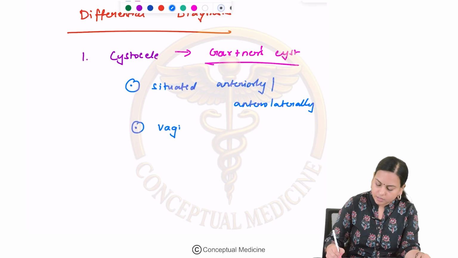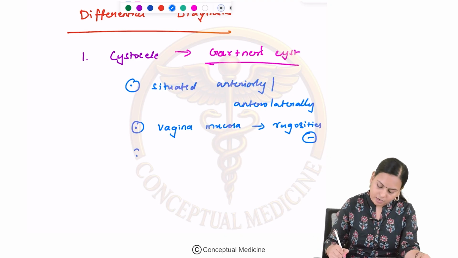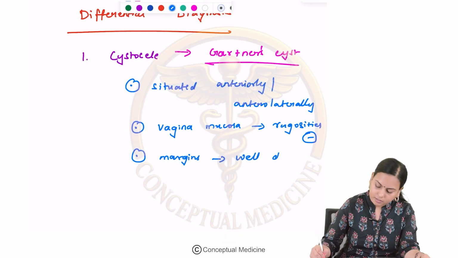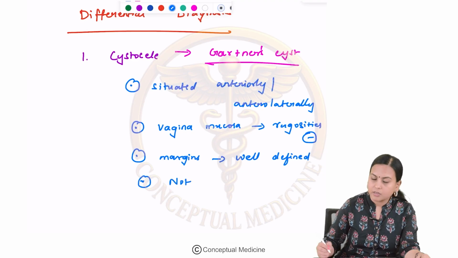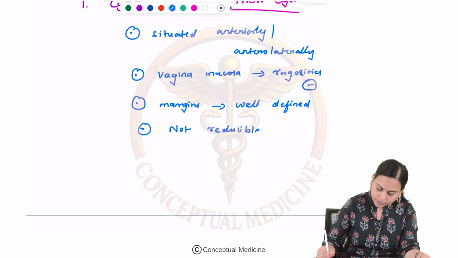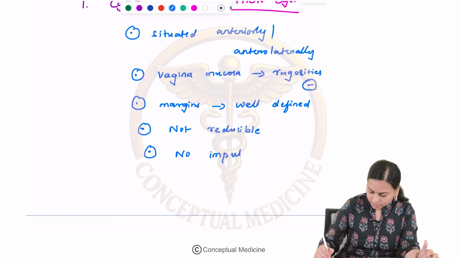Then, in the vaginal mucosa, the rugosities are lost. The margins of a Gardner's cyst are well defined, and usually a Gardner's cyst is not reducible and there is no impulse on coughing also.